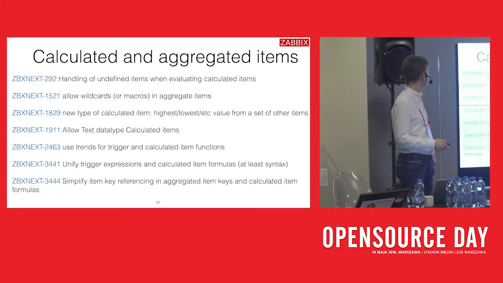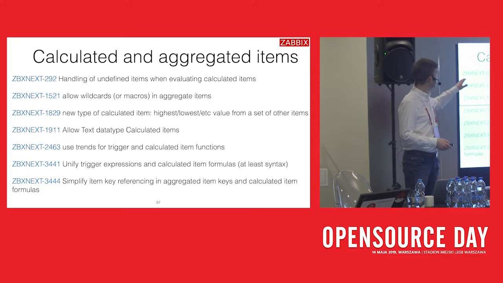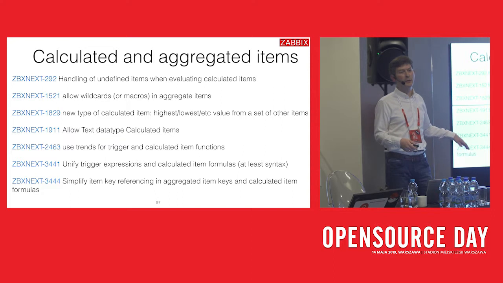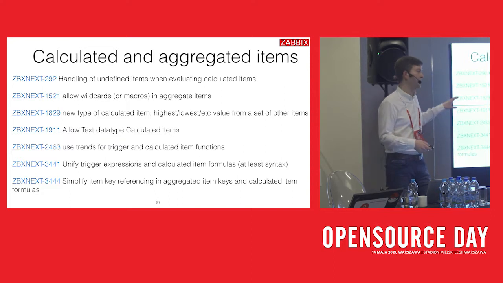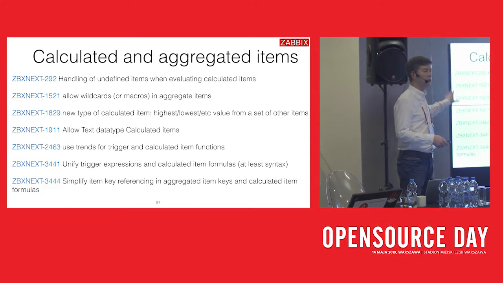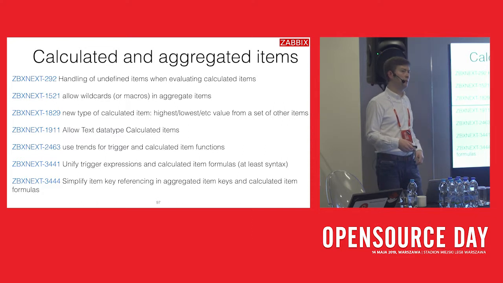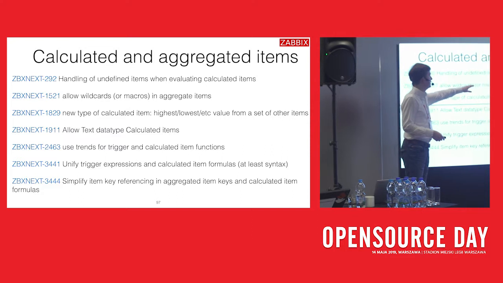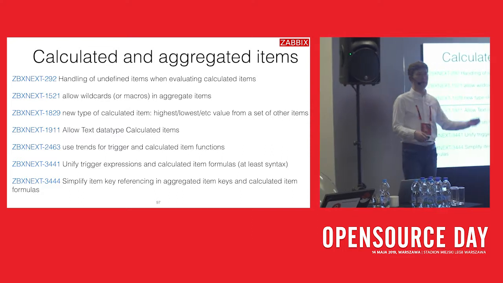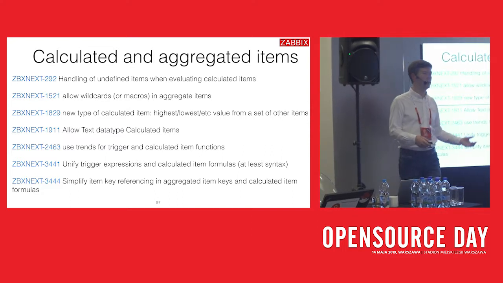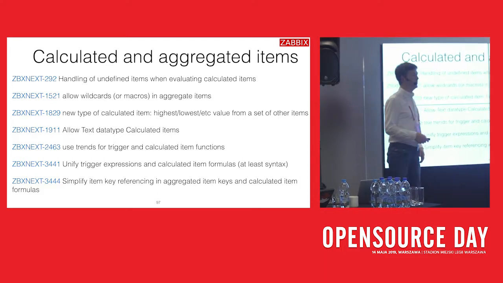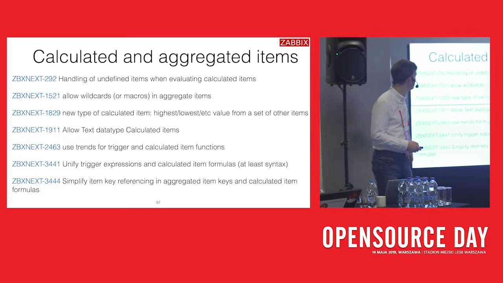Let me explain. For calculated and aggregated items, we have a number of feature requests coming from users. Mostly they are related to limitations we already have in Zabbix. For example, allow wildcards in aggregated items, to select items based on a wildcard, on some pattern, or maybe allow text for calculated items, and so on and so forth.